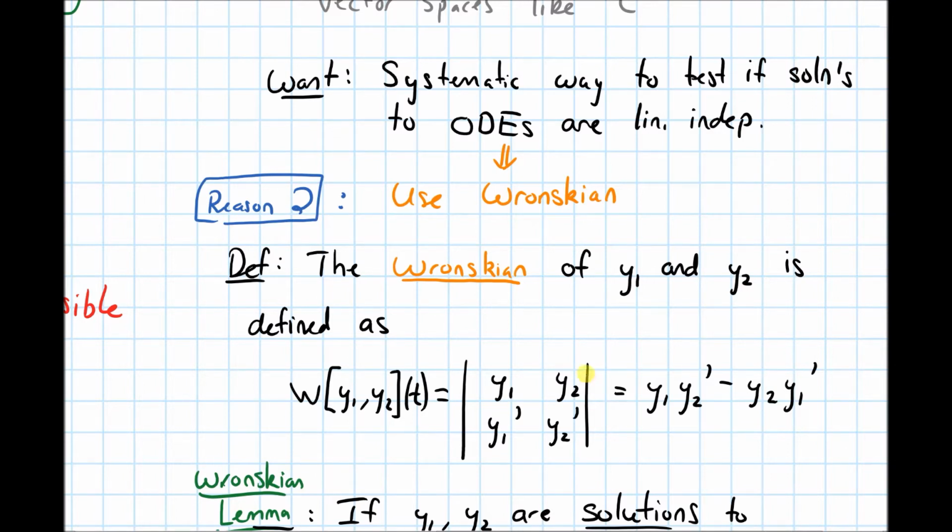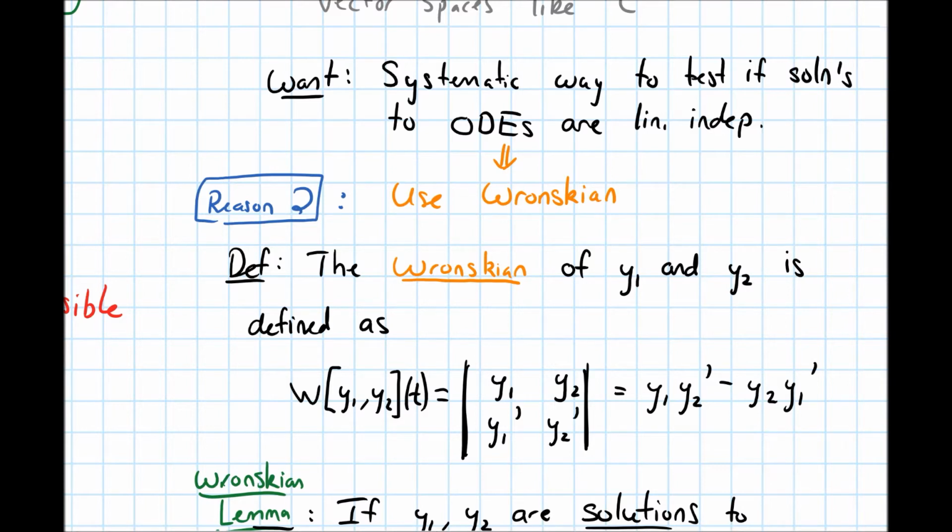The first column has the original function y1, and its derivative underneath that, y1 prime. The second column is the same thing, but with the second function, y2 and then y2 prime. And then I've written out the formula for a 2 by 2 determinant. So we'd get y1 times y2 prime, and then minus y2 times y1 prime, multiplying along that other diagonal.